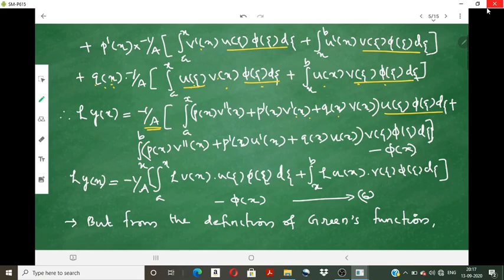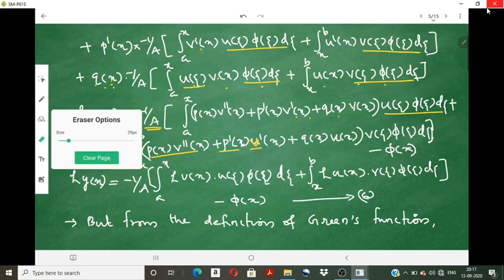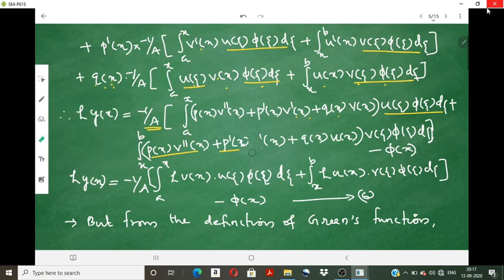Now we look at the equations. p of x into u double dash of x plus p dash of x into u dash of x plus q of x into u of x.